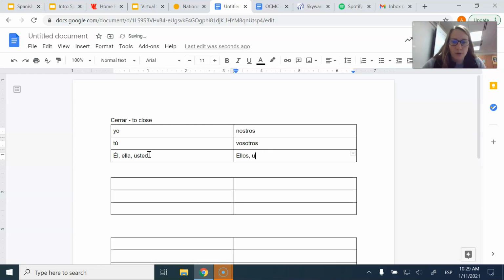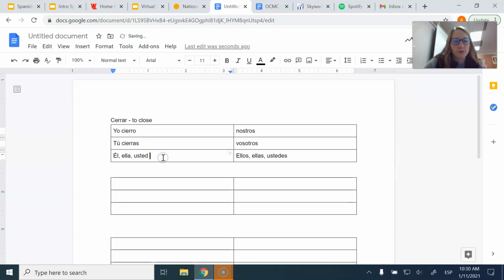I'll just add all of them for us. Okay, so yo, remember, if we were to conjugate this normally, we would just say this, right? Take off the AR and add an O. However, since it's an E to IE stem changer, we're going to make that IERRO. Yo cierro. Tú cierras.